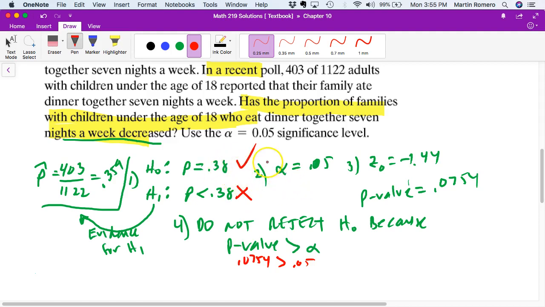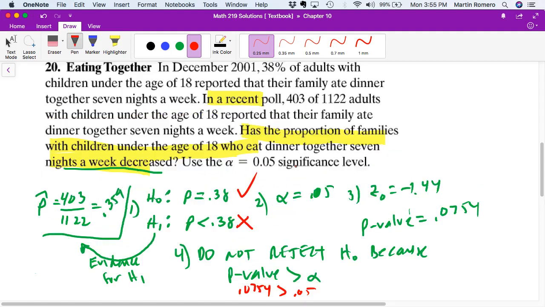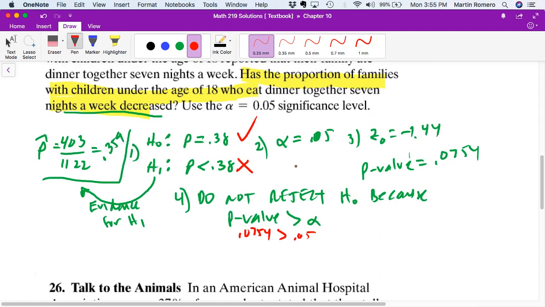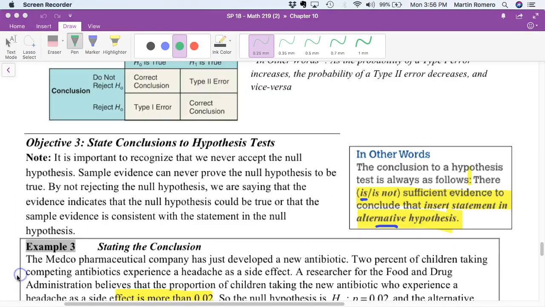So what we're going to then conclude, we then have a conclusion, right? What's our step number 5? Step number 5 is to write a conclusion, and what we're going to say in the conclusion is there is sufficient evidence or there is not sufficient evidence to conclude that the alternative hypothesis, whatever that is.